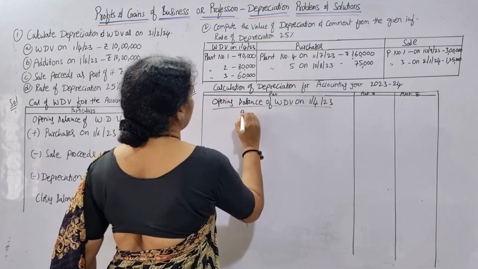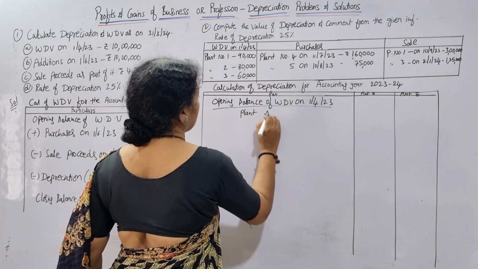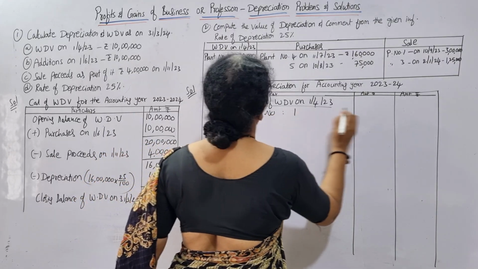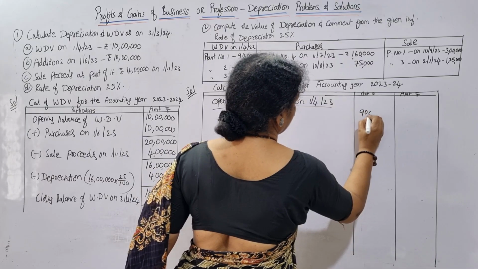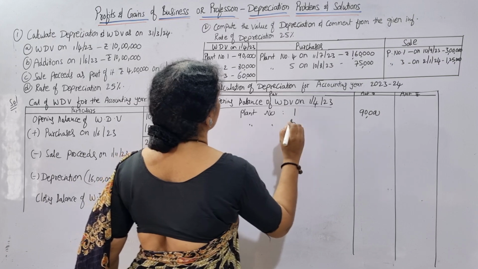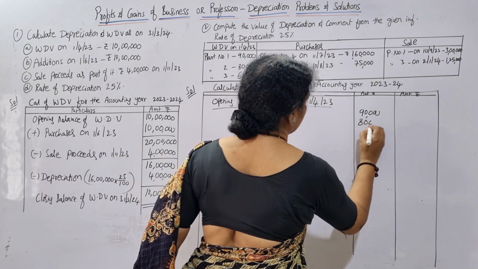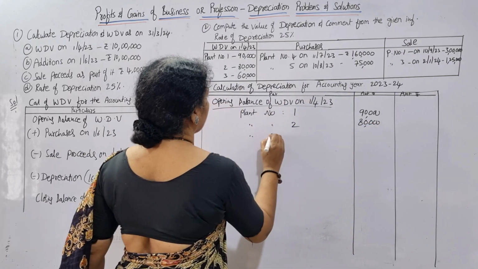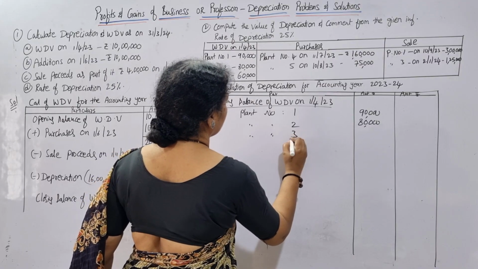Plant number 1 is 90,000. In the inner column we will write. Plant number 2 is 80,000 and plant number 3, 60,000.